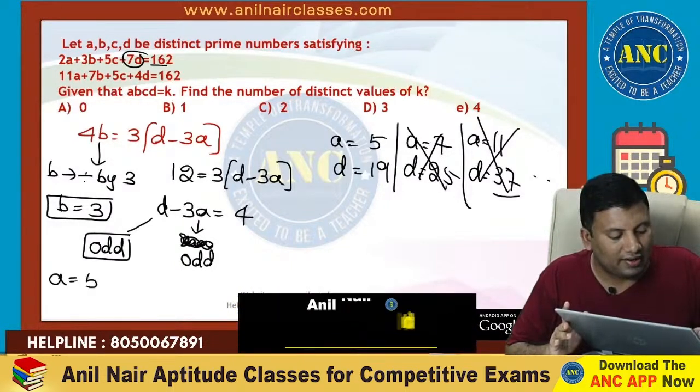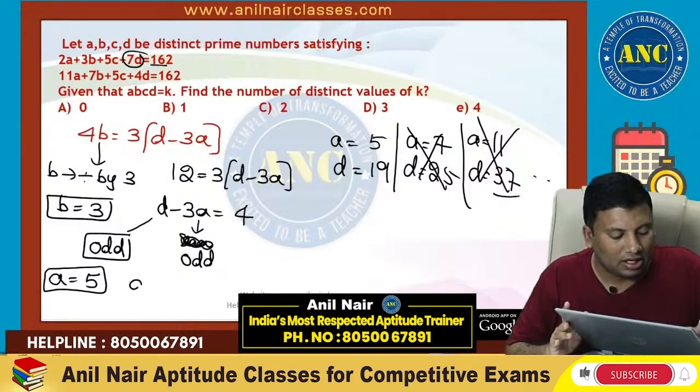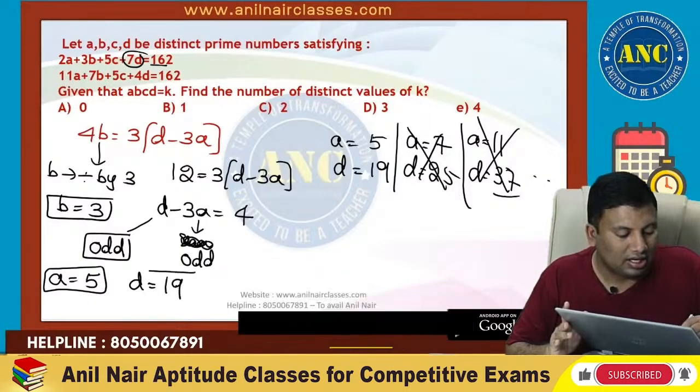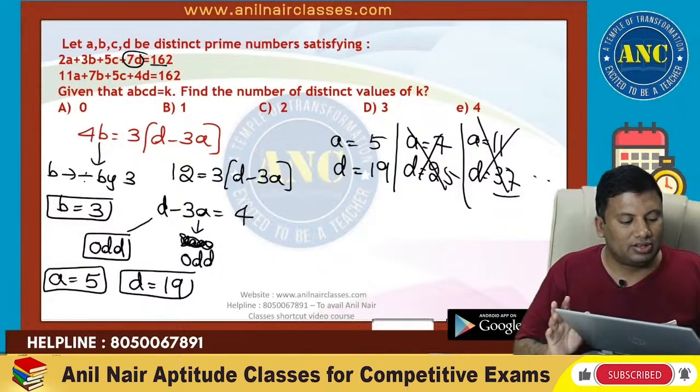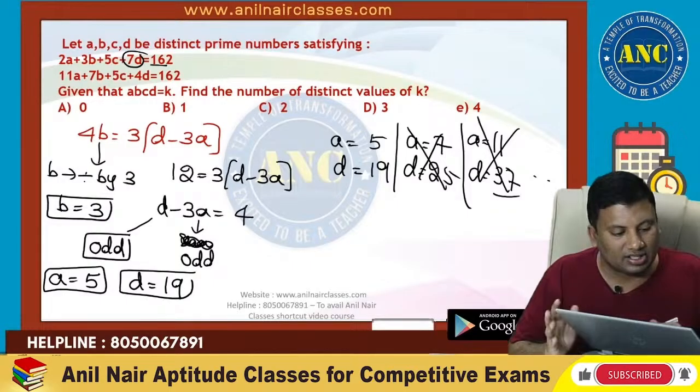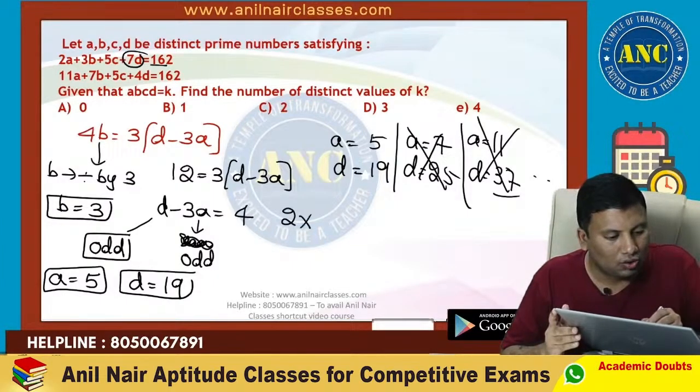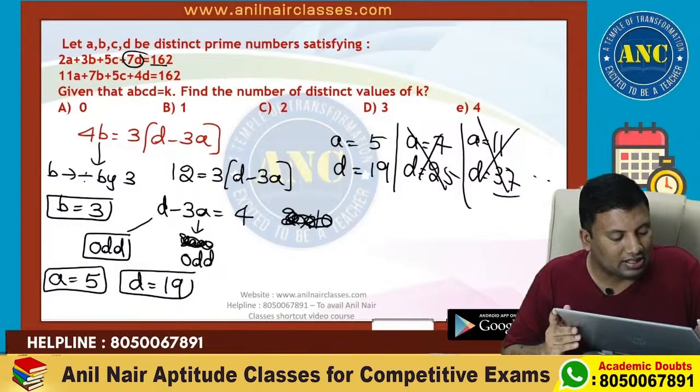Easy question. A value 5. D value 19. A is 5, D is 19, B is 3. Now we will easily get C if I substitute. 2 into A, so 2 into 5, it is nothing but 10.